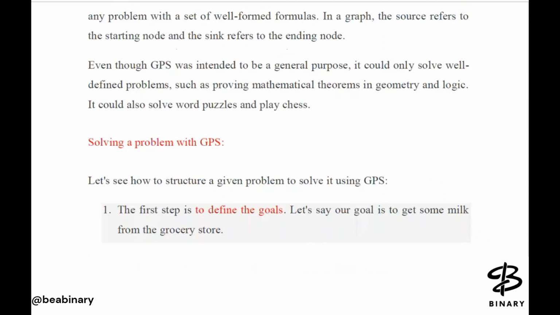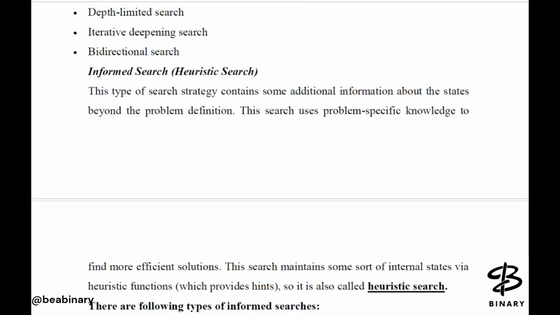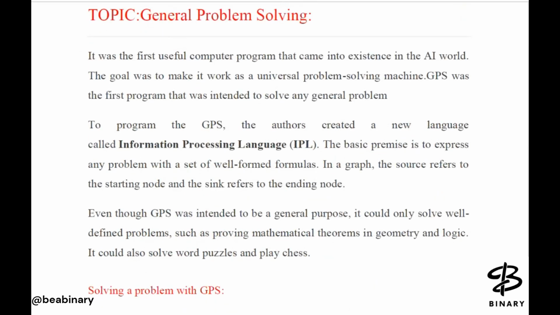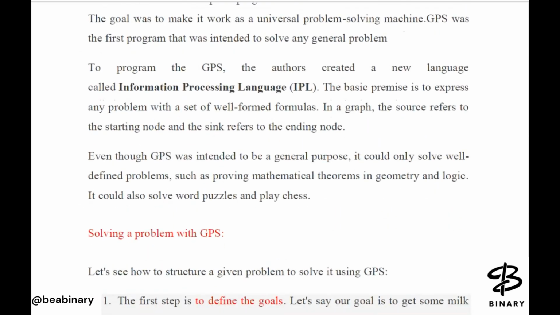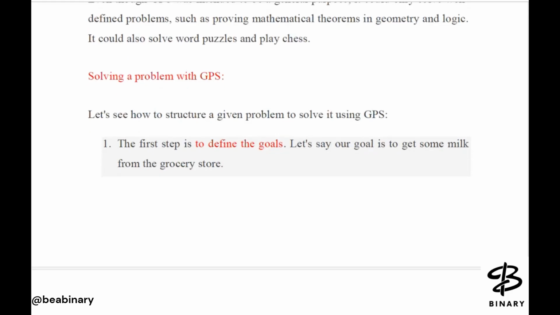So we are talking about how general problem solving GPS works in a graph. We first need to define the goals. In this topic, we are talking about the different kinds of problems, what general problem solving is, and how it works.